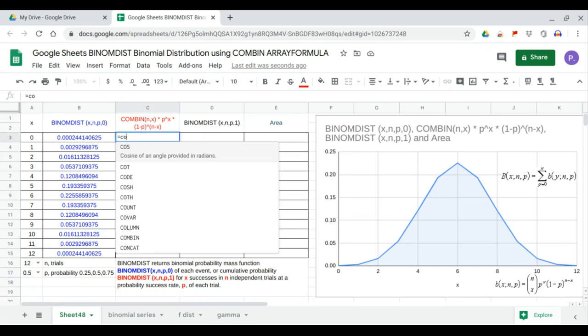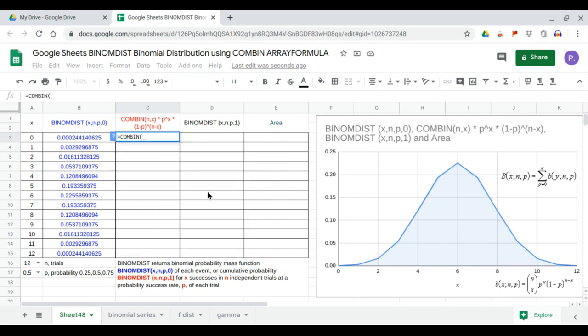It is equal to combination of n, comma x, times p to the power x, times 1 minus p, to the power n minus x. And we lock the references of p and n.